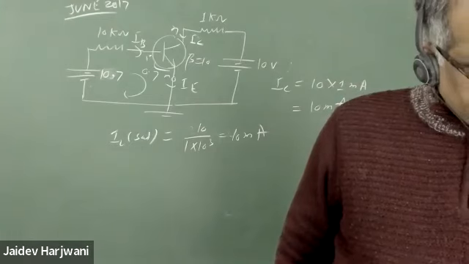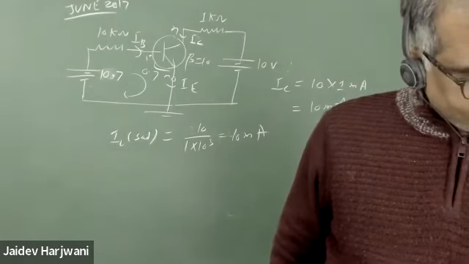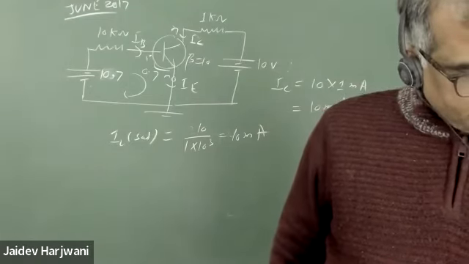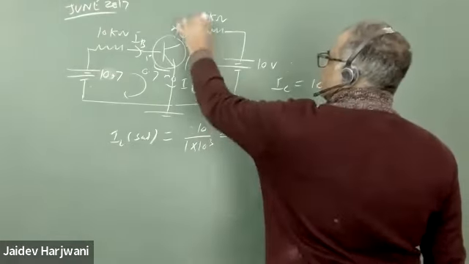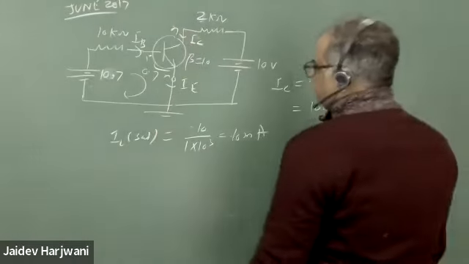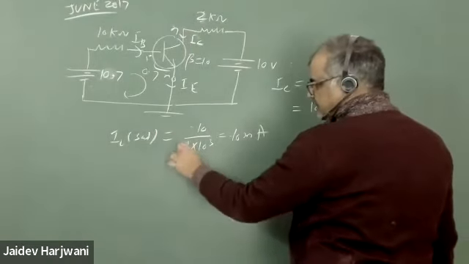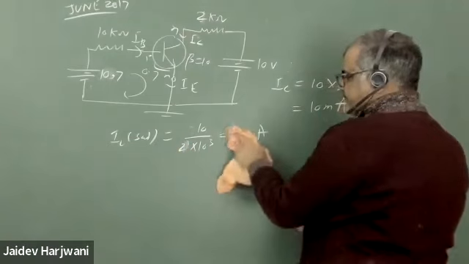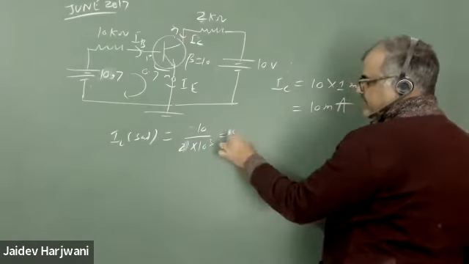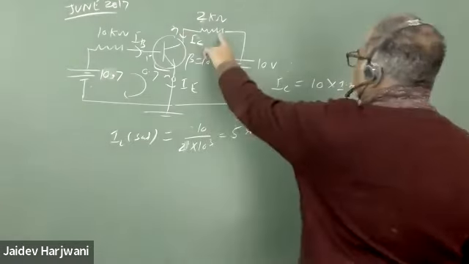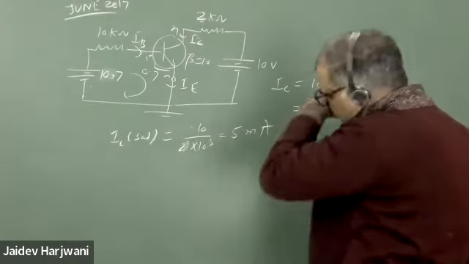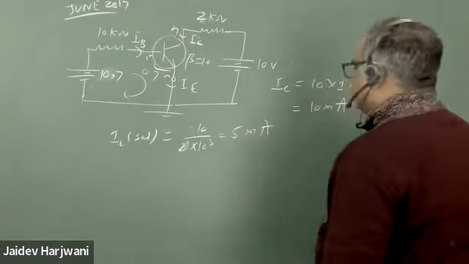So in that case, just 1 minute. IC saturation is 10 upon, you just make it 2 kilo ohm. So this becomes 5 milliampere. I have changed the resistance; you can make it 1 also, no issue, then it will also be saturation.